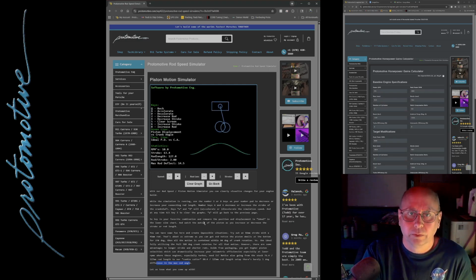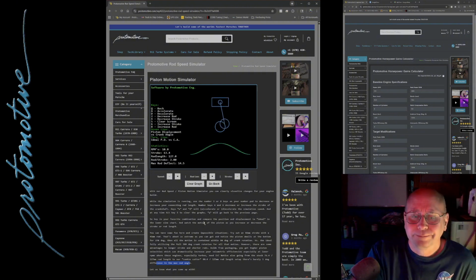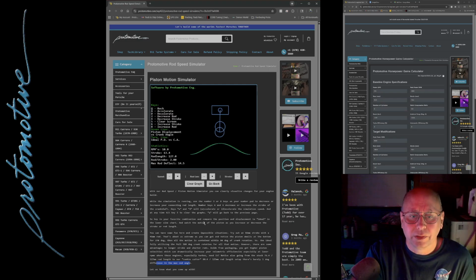I'm not sure who came up with that ideal number, but you need either a pretty short stroke or a really long rod on that. Now, I don't have the numbers on it, but like Mountain Motors, they make those massive 10-liter V8s, and they tend to use shorter rods, longer strokes intentionally.